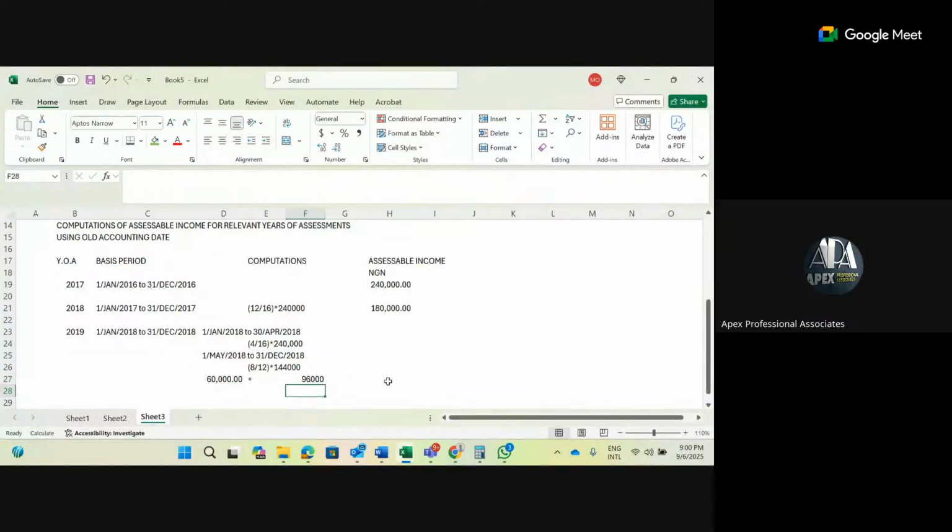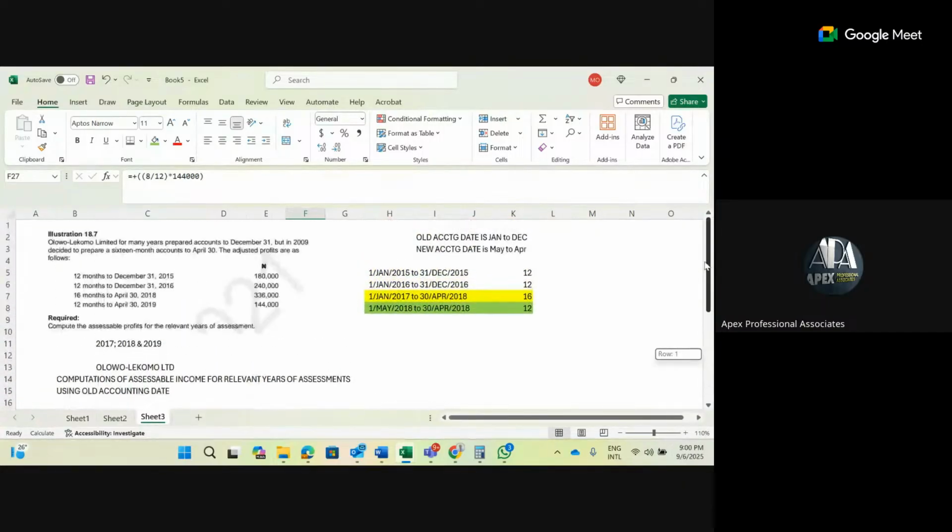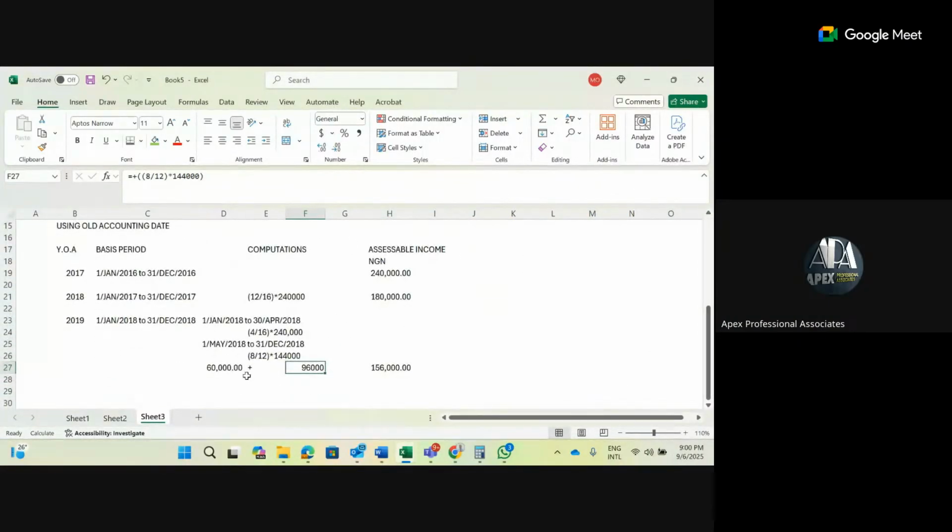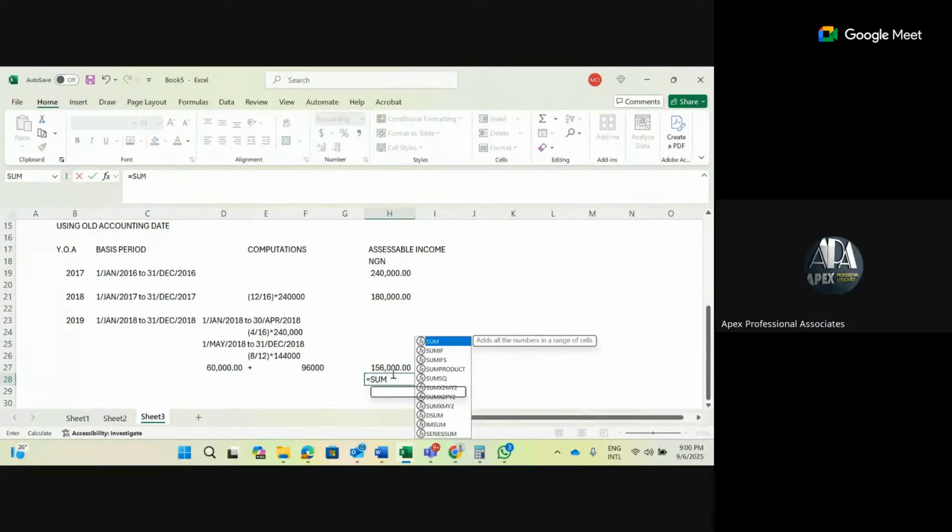What do you have? 96,000 naira. So the addition of 96,000 plus 60,000 naira, what do you have? 156,000. Are you sure I'm correct with this? 8 over 12 times 144,000, then 4 over 16 times 240,000. So the addition is giving me 156,000 naira.